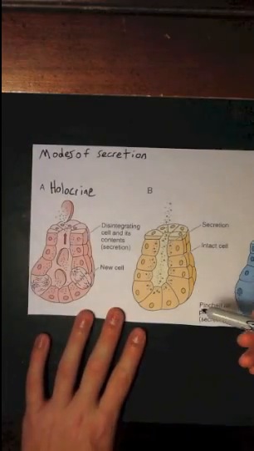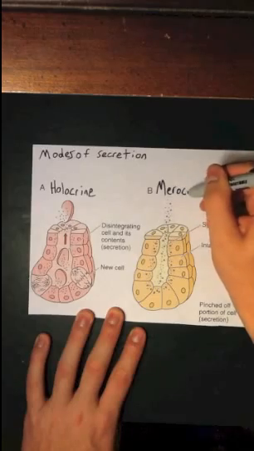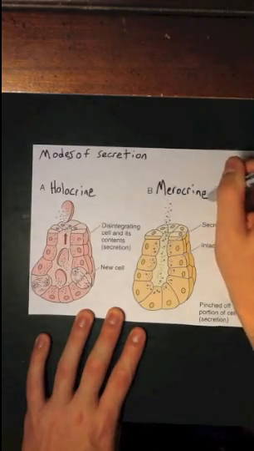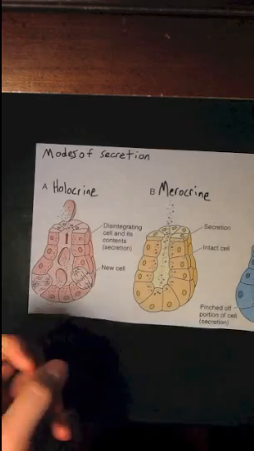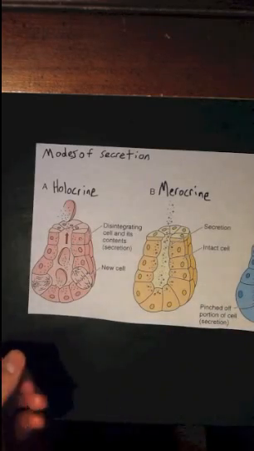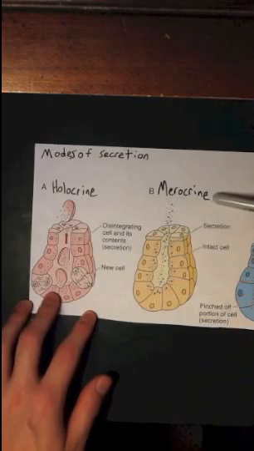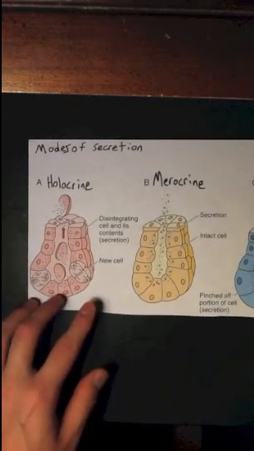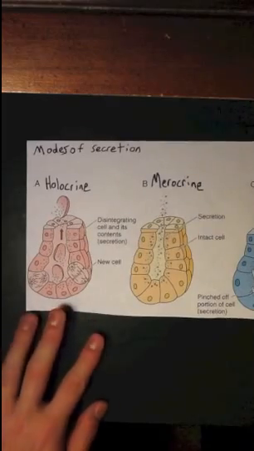The second we have here is merocrine. Merocrine involves just releasing the contents of whatever you're trying to secrete into the space here, and it will go into the rest of the body. There's no involvement of cell death, and there's no loss of cytoplasm at all.